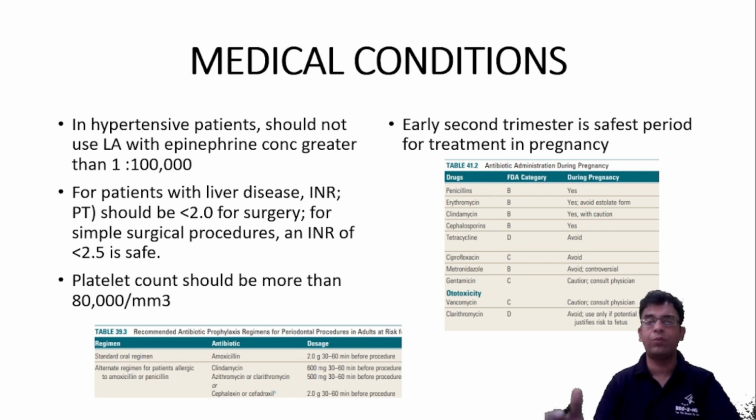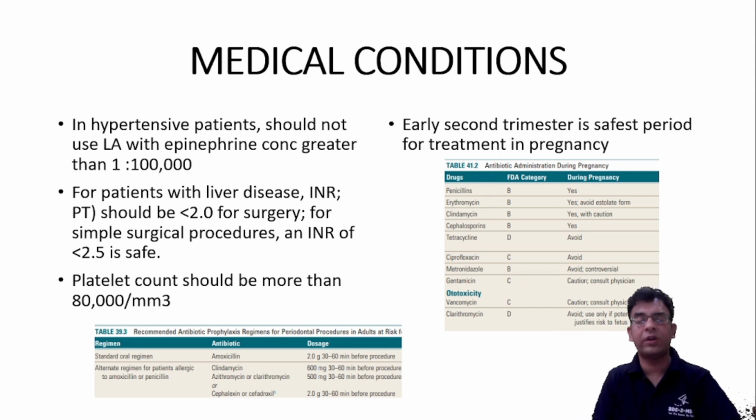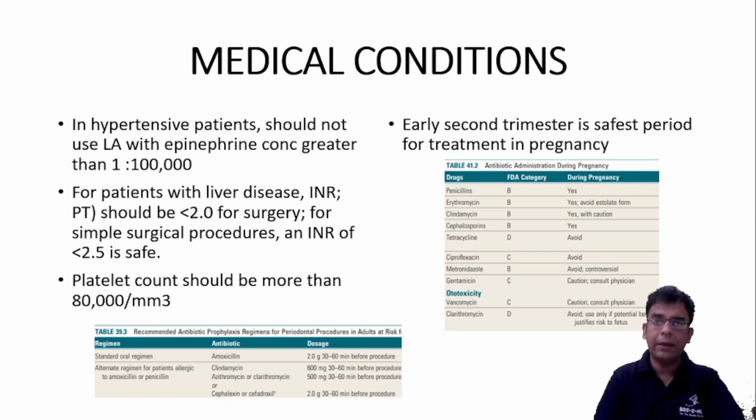What antibiotic prophylaxis regimen you use while treating an infective endocarditis patient. That is very, very important. Preterm low birth weight, why does it occur, how it is related to periodontitis. Diabetes mellitus, the sixth complication is periodontitis, how it is related, what happens to AGE in diabetes. All those things are important.